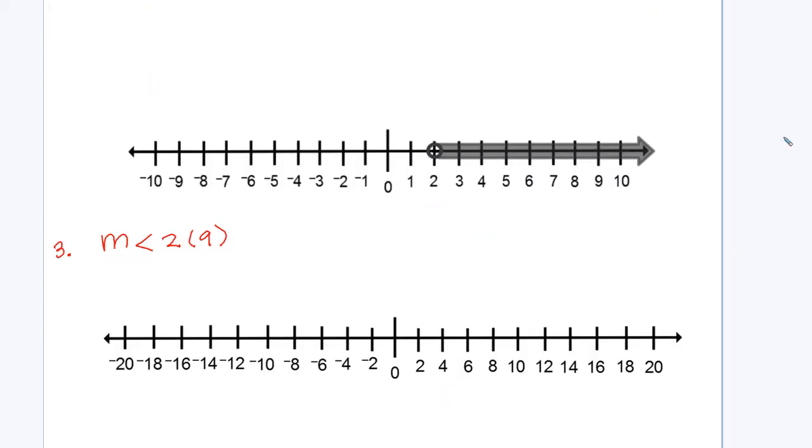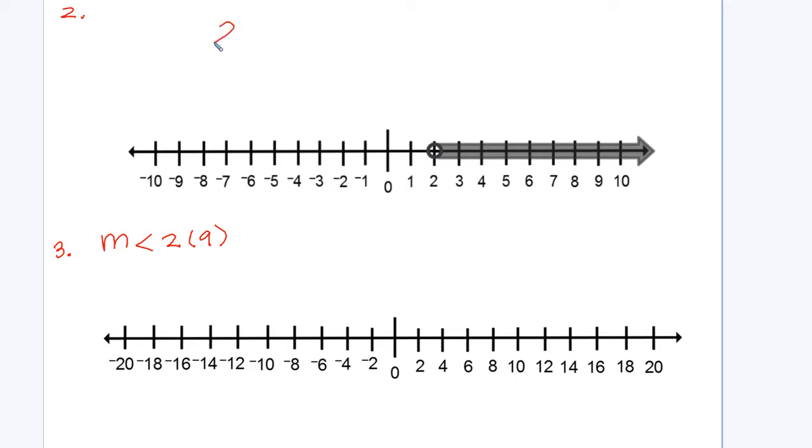Okay, let's go to number 2. Number 2 gives you the graph, and you have to write the inequality. So, it is an open circle, and the number is a 2.